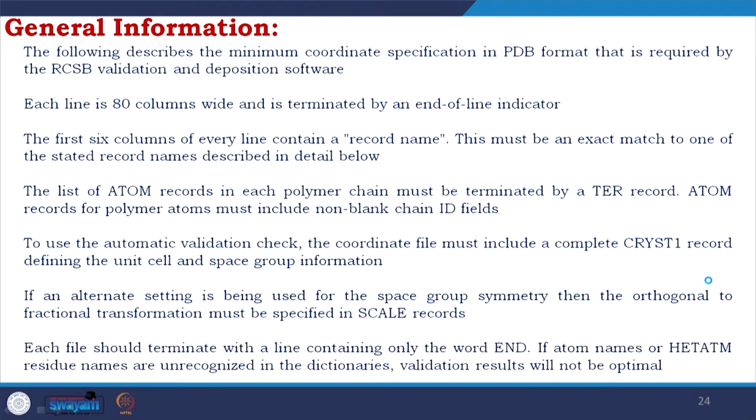Each file should terminate with a line containing only the word END. If atom names or HETATM residue names are unrecognized in the dictionaries, validation results will not be optimal. So, what are they? You heard the rules, but now I will explain it going to the actual PDB file.